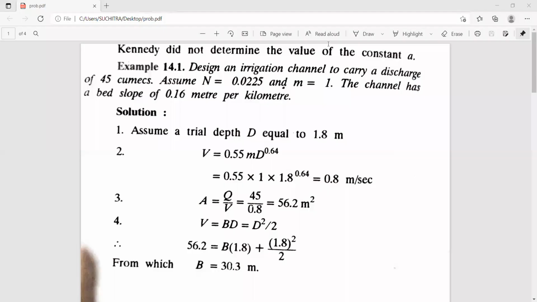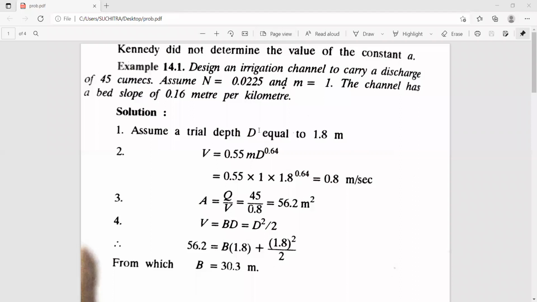It seems the software got corrupted. Screen share, sir. Hello, now it's visible. Screen share. Yes, sir. Okay.